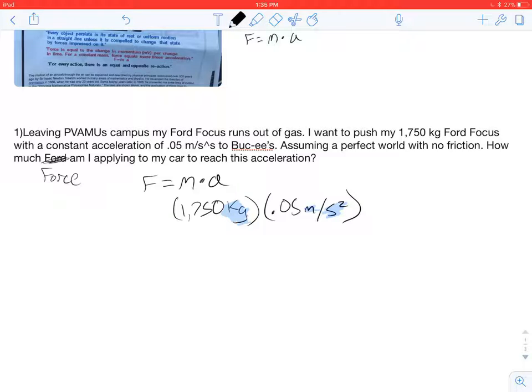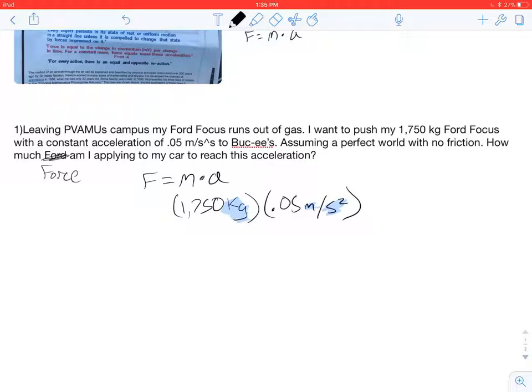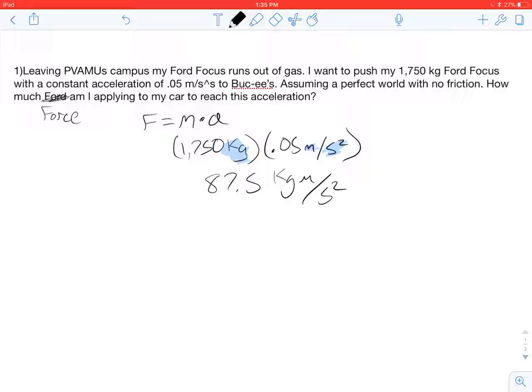Once we multiply, we're going to end up with 87.5 kilograms meters per second squared, which comes out to a grand total of 87.5 newtons. My O's always look like an A. There we go.